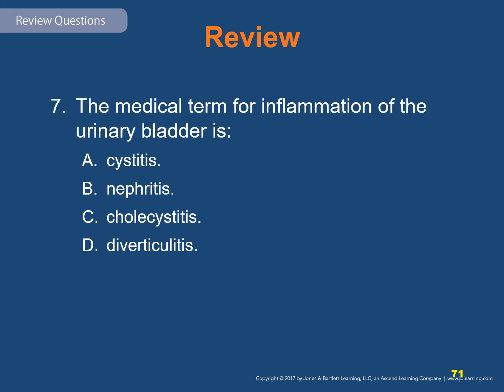Number 7, the review question is, the medical term for inflammation of the urinary bladder is A, cystitis, B, nephritis, C, cholecystitis, and D, diverticulitis.